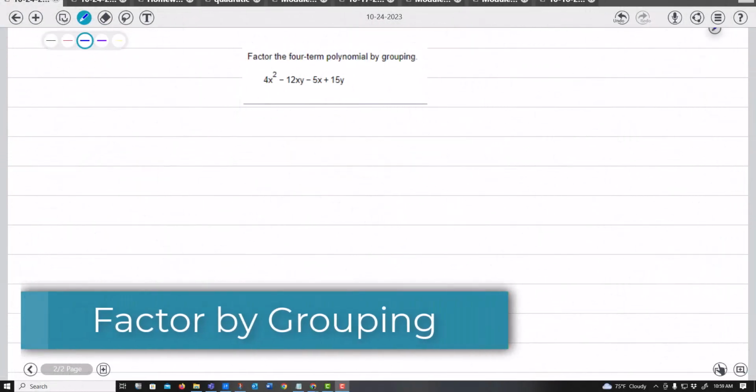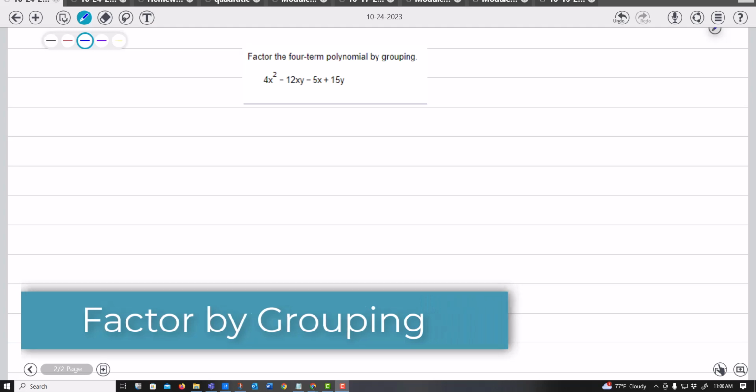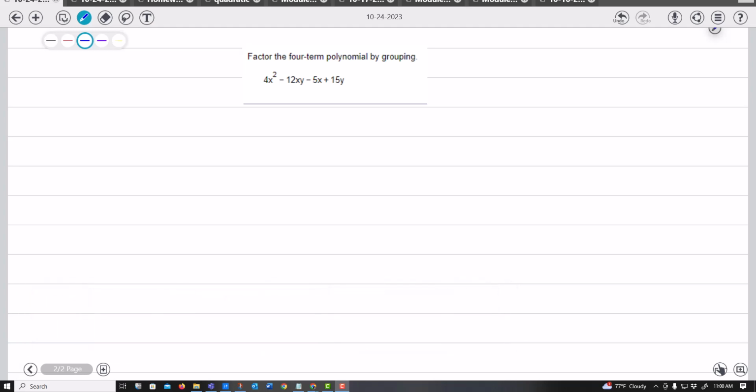All right, if you watched the last video, you noticed that I said when you do factor by grouping that you just simply put parentheses around. The issue is when, like on this one, you have this negative sign. So you have to be careful of that. So I can group the first two with no problem.